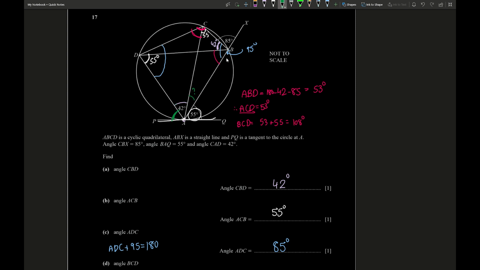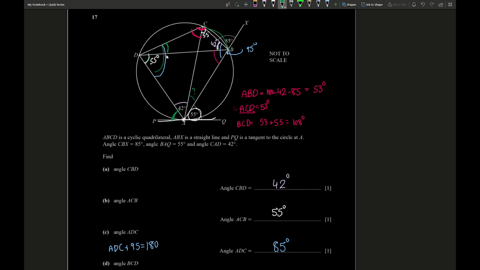Well, this angle, which is BAC, is equal to BDC because they're subtended by the same arc BC. And we can find this angle by subtracting all of this from 55.